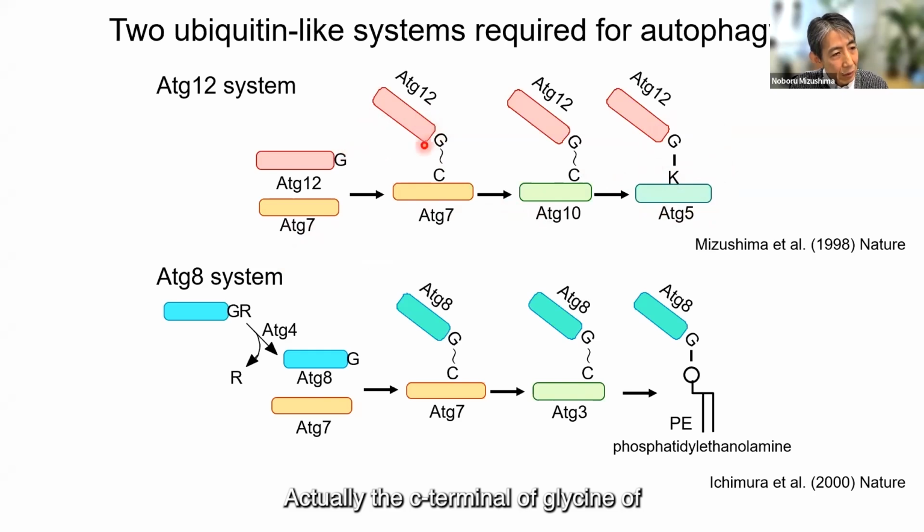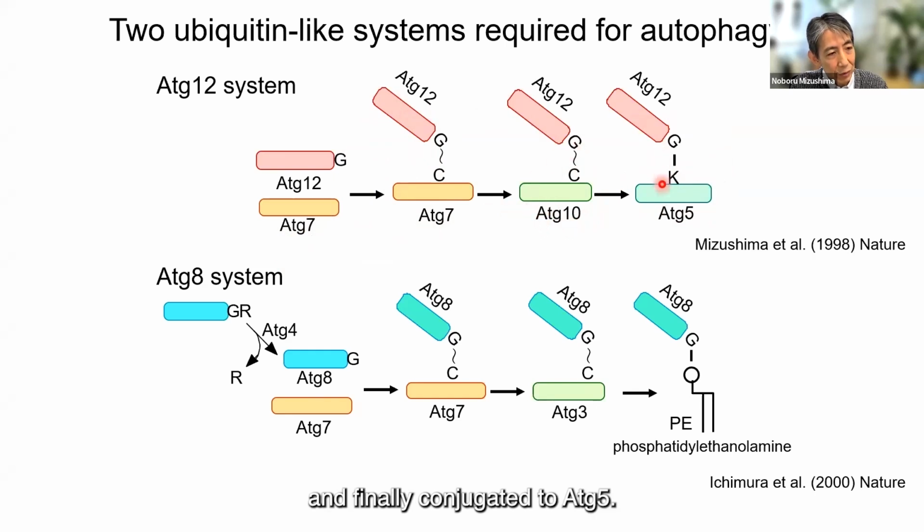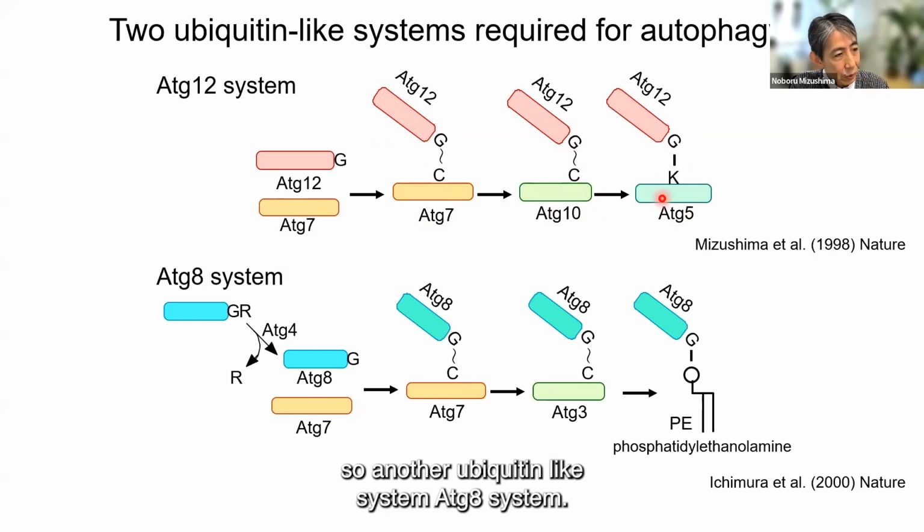The C-terminal glycine of ATG12 is activated by the E1-like enzyme ATG7 and transferred to the E2-like enzyme ATG10, and finally conjugated to ATG5. Later we found another ubiquitin-like system, the ATG8 system.